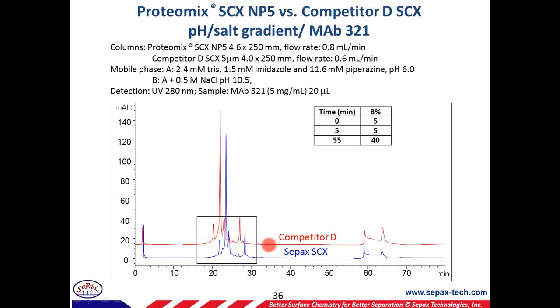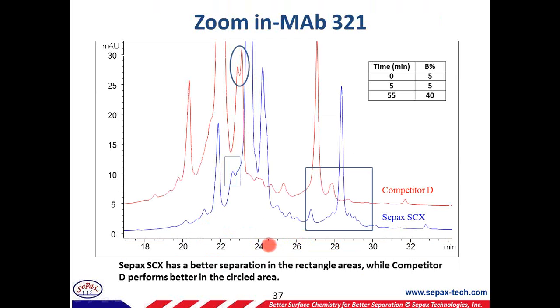Once you zoom into this area on the next slide, we can see first thing, here's better with the competitor's column, and also if you look at the zoomed area, the Sepax column SCX has much better separation in this area. So with different vendors you get a different surface chemistry, and then you'll have a different separation using the same methods.